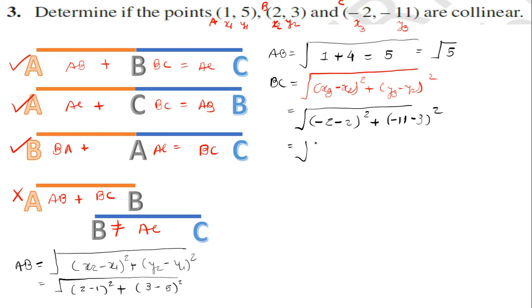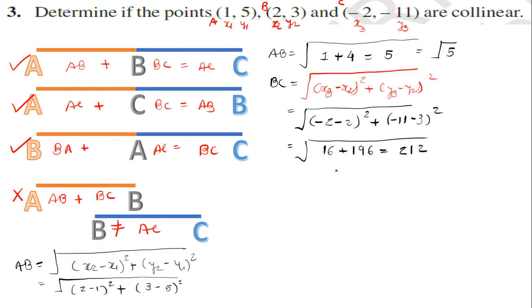Minus 2 minus 2 is minus 4, square is 16, plus minus 11 minus 3 is minus 14, and 14 squared is 196. So 196 plus 16 is 212, so that is the square root of 212.